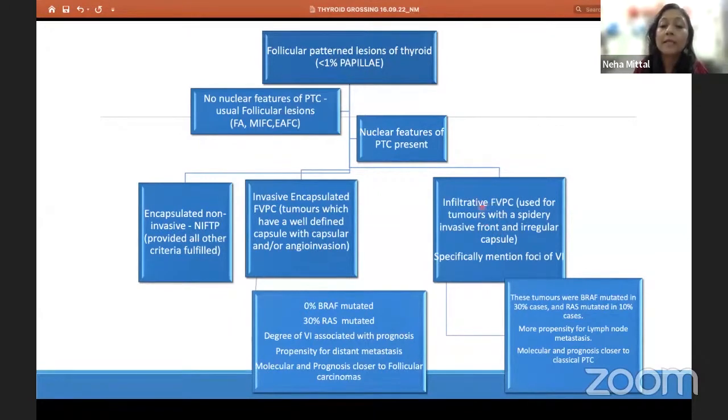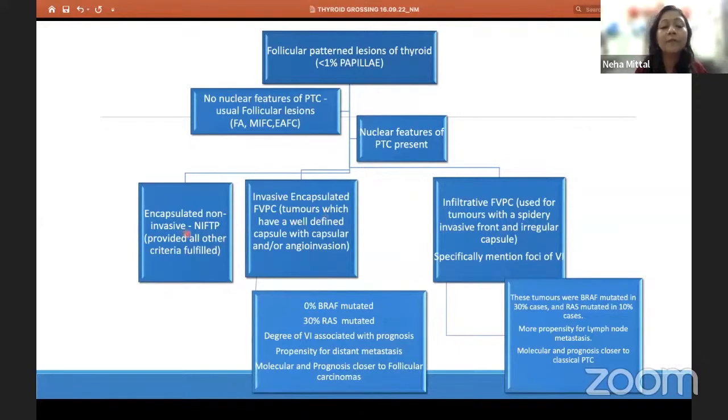And that is why this category has now been included in classical PTC, because this behaves like classical PTC and is BRAF mutated. And in this entity, these two comprise the new entity which has been taken out of the PTC subtypes now, which is the invasive encapsulated FVPC, in which you have tumors which have a well-defined capsule with capsular and or angioinvasion, and these are RAS mutated and more close to follicular thyroid carcinomas or adenomas as compared to classical PTCs.